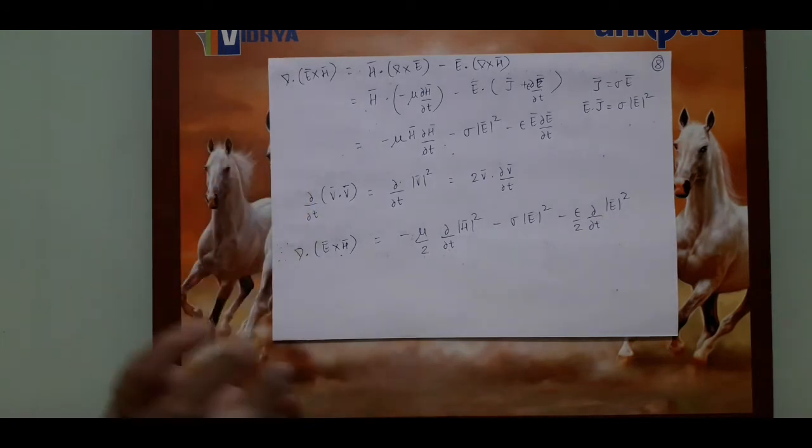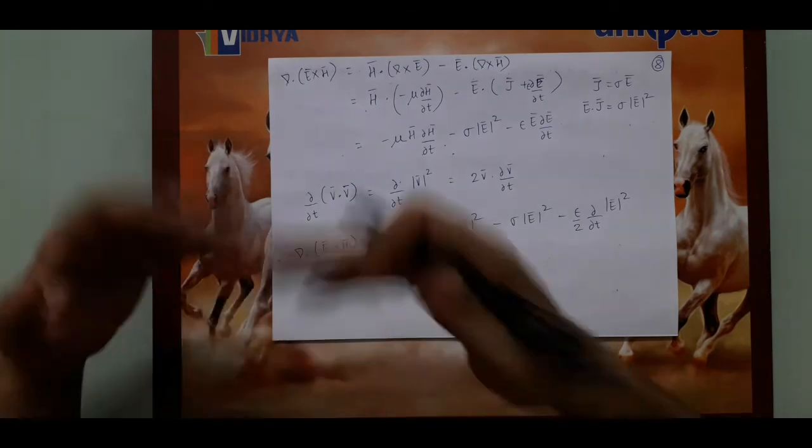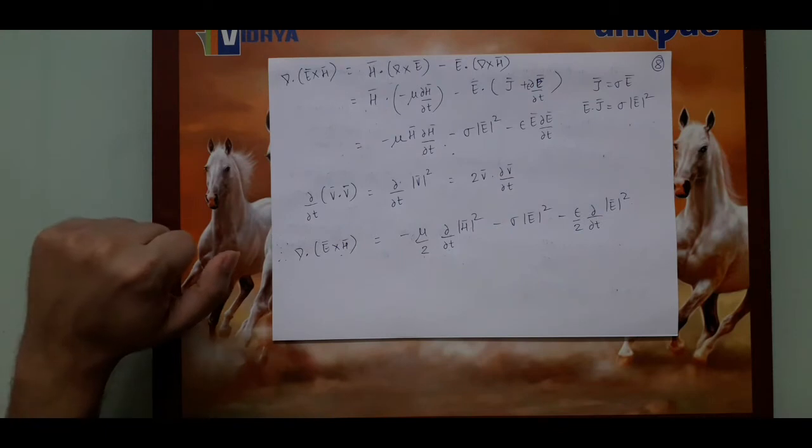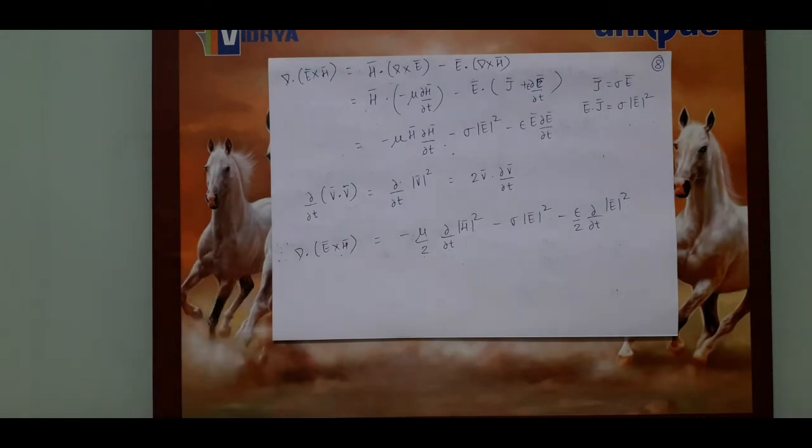But let us not forget what we are physically doing. We are trying to calculate what is the energy or the power that is being carried by the wave. So if that is the case, let us not forget that the wave is a continuous wave.